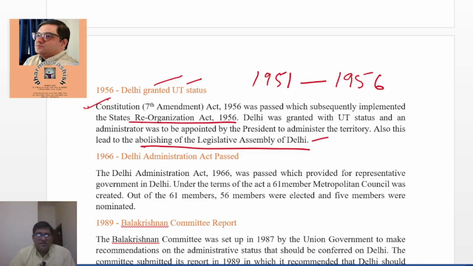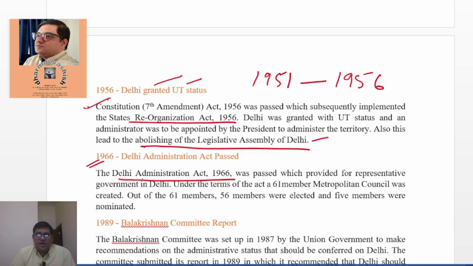Comes the year 1966. Now, what happens in 1966? Mind you that by the time 1966 is reached, it's already 10 years of the granting of UT status. So a new act comes into picture, the Delhi Administration Act 1966.